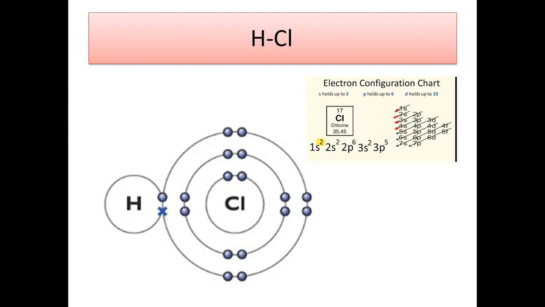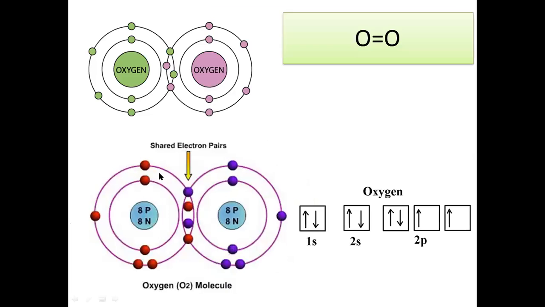Here you can say this must be a polar covalent bond, because the electronegativity of hydrogen and chlorine is different. Chlorine has more electronegativity compared to hydrogen, so chlorine will become electronegative, and similarly the hydrogen will become electropositive.